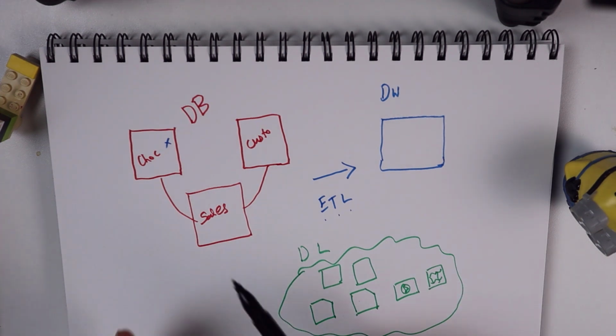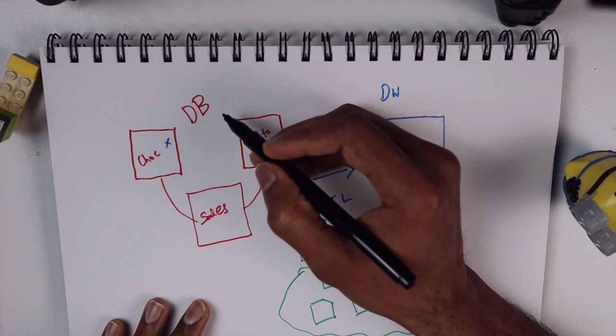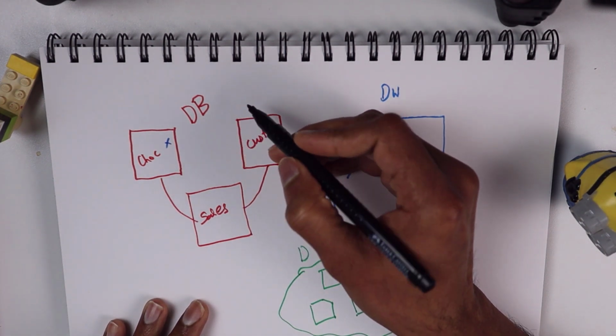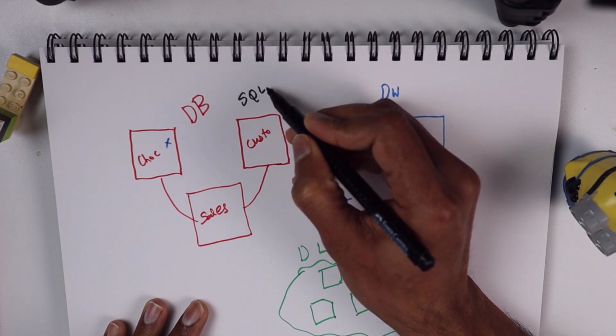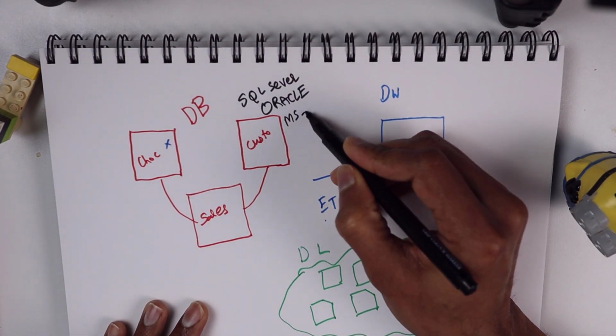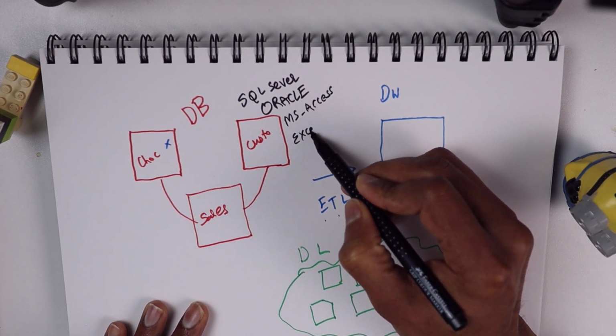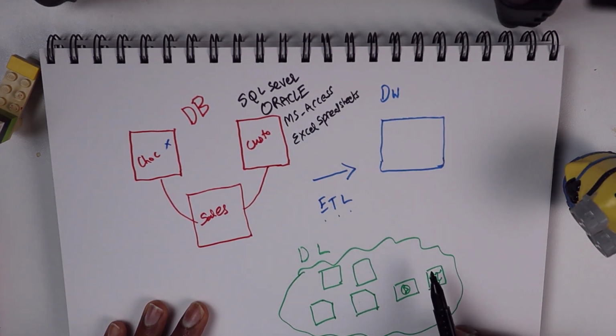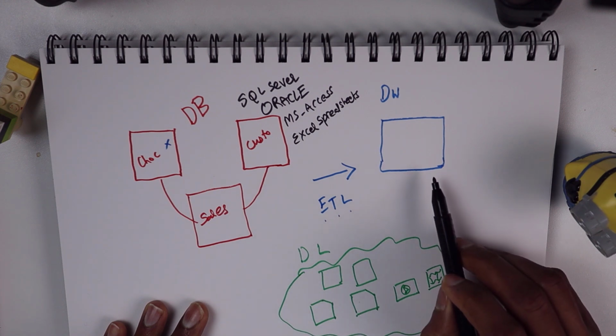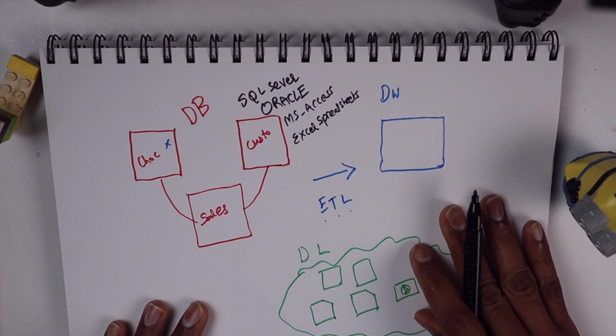So what are some examples of database, data warehouse, and data lake? First, let's address database. An example database is your SQL Server, Oracle, MS Access, or if you are running a really small business, even Excel spreadsheets. What about a data warehouse? A data warehouse, as I said, is a special type of database.